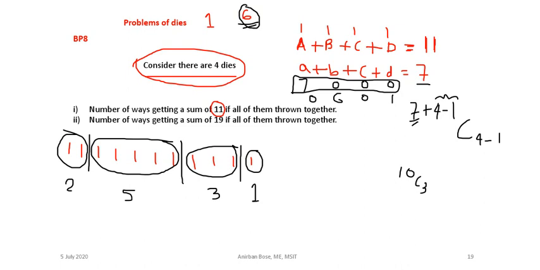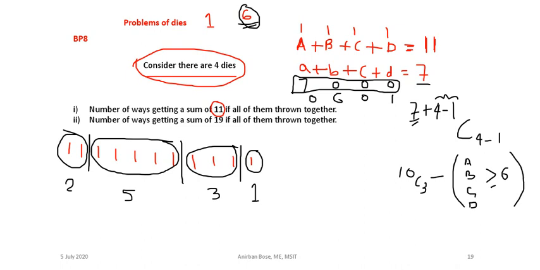So we have to subtract something. What do we have to subtract? We have to subtract the cases where A, B, C, D are greater than or equal to 6.